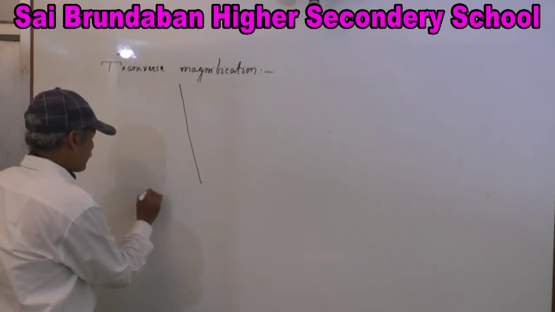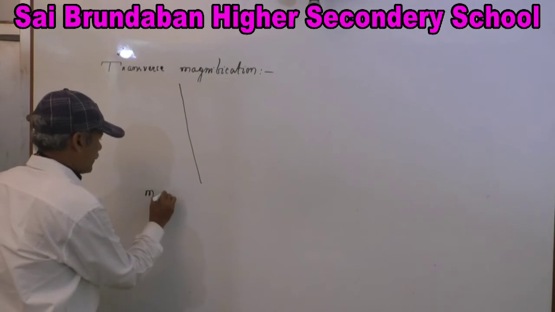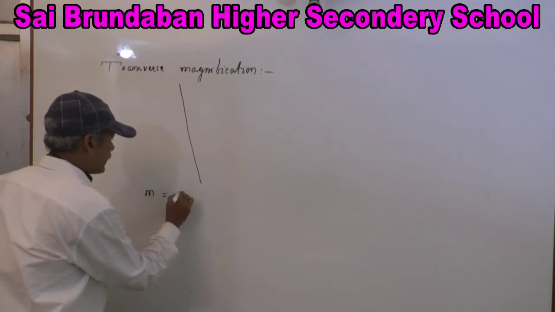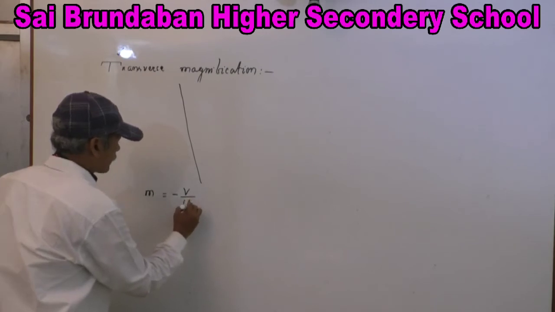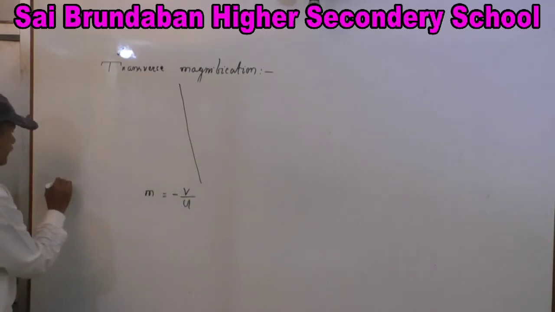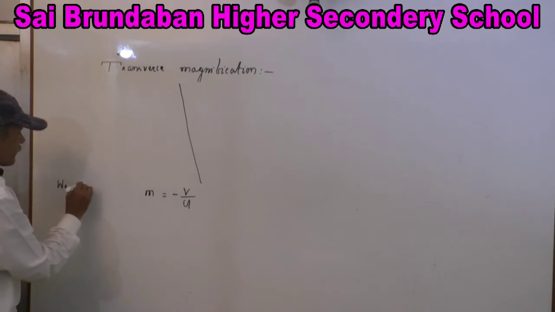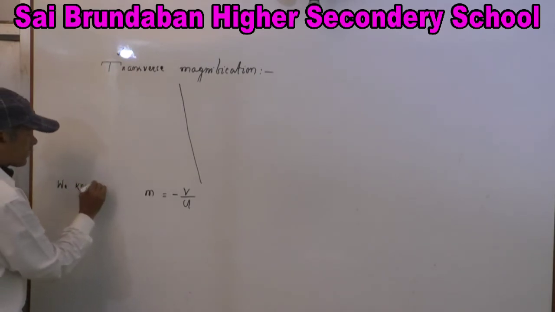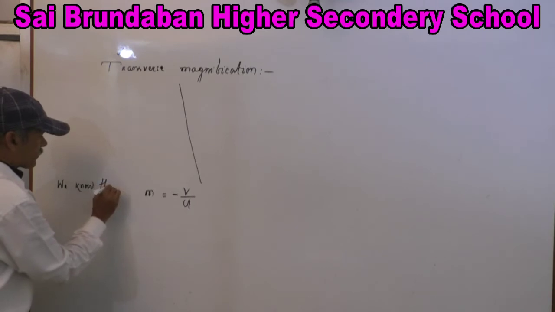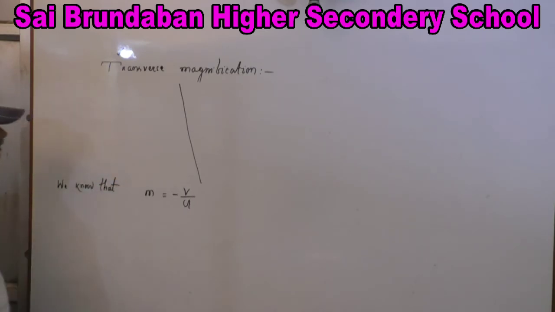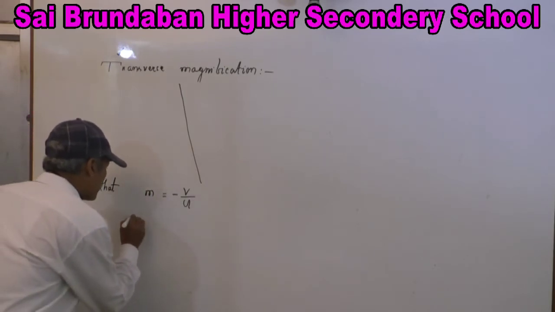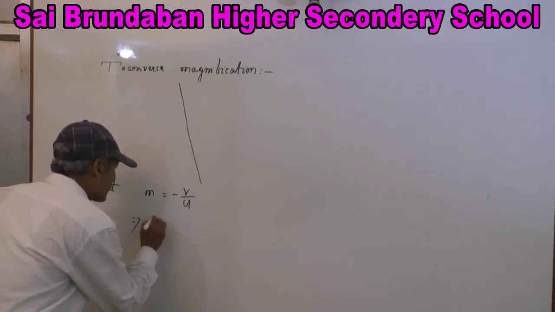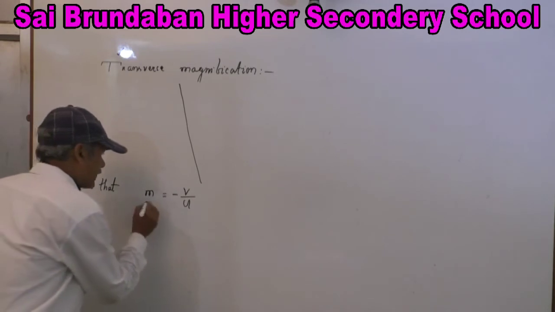m is equal to minus v by u. We know that m is equal to minus v by u implies, just cross multiply it.